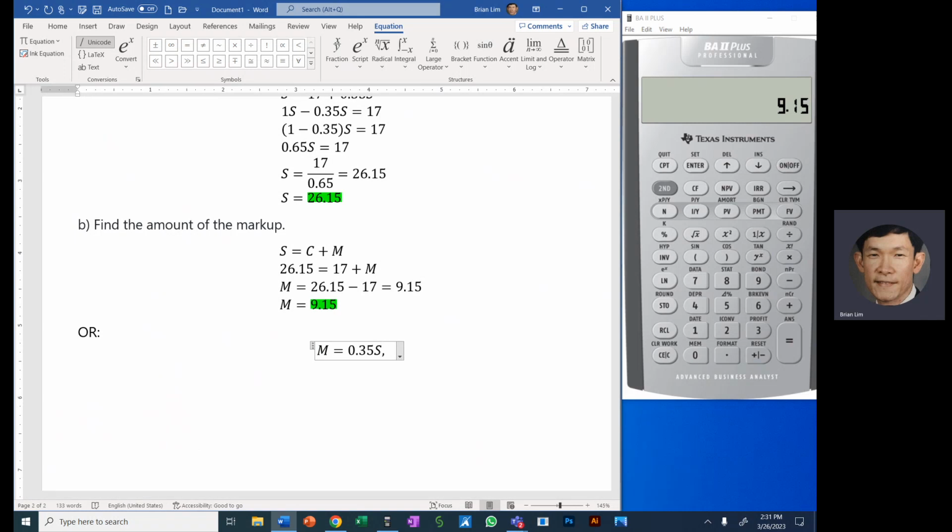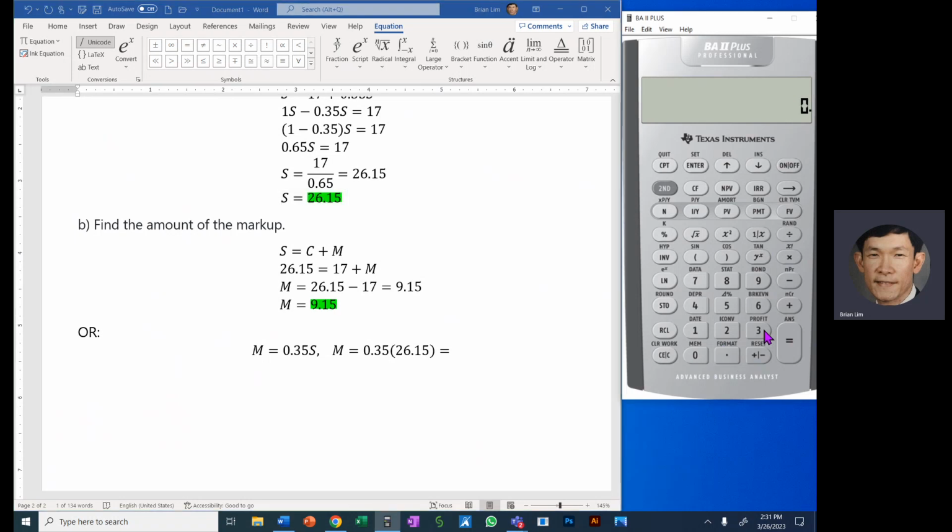And so that would give us that M is equal to 0.35 times 26.15, which is right up here. That is the value for S.